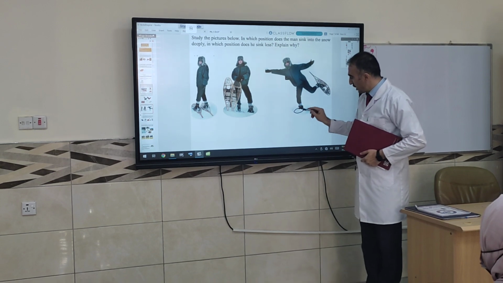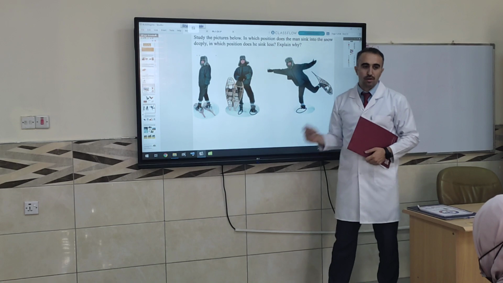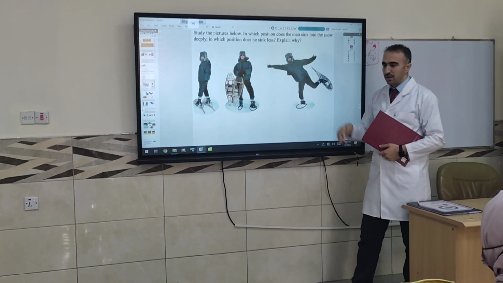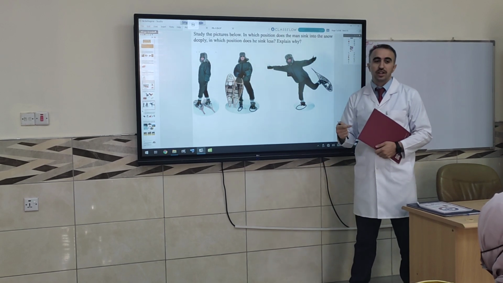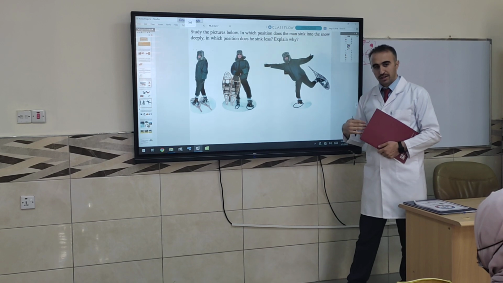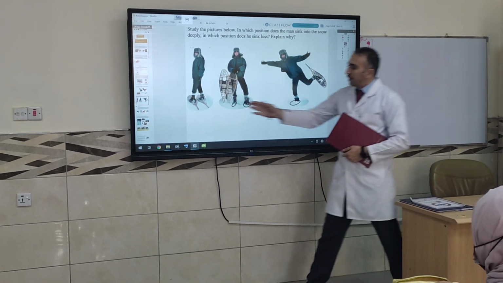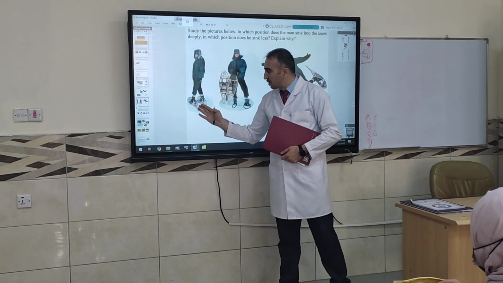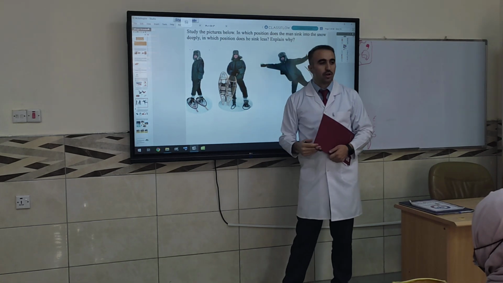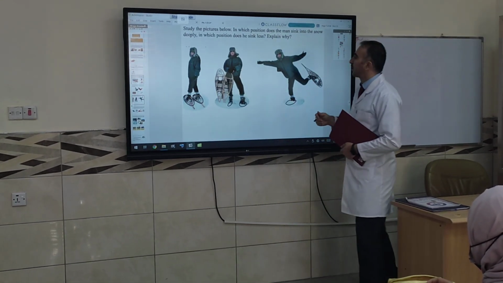Just one size here, 2 sizes here. So the area is 2 times bigger. If the area is 2 times bigger, pressure would be 2 times smaller. And in this picture, the area is the most, so pressure is least.